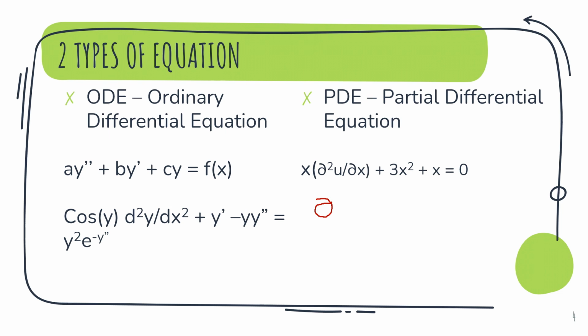Madidetermine nyo ang partial differential equation by this symbol. So, yun lang ang pagkakaiba ng dalawa. Yung isa, meron siyang mga naka-differential form or derivative form, minsan naka-differential operator din. So, sa partial differential equation, meron siyang symbol na partial derivative. Ayan. 6 na pabaliktad.